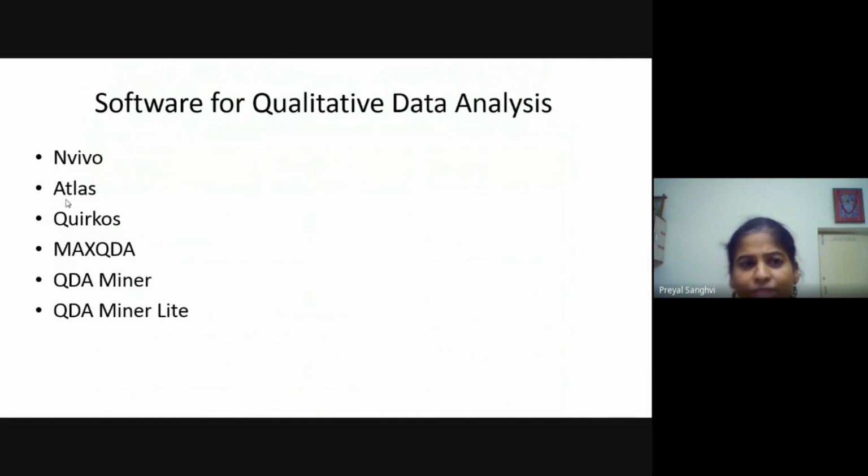We have discussed how to code it. We have discussed different types of coding, like inductive coding and deductive coding, and different types of codes, like the descriptive coding method and the in vivo coding method, and other coding methods.